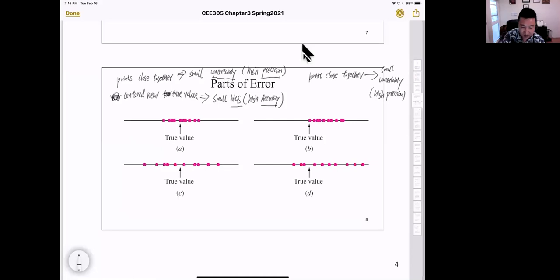Then let's compare the center of the measurements, or the average of the measurements, with the true value. The center is around here, which is far away from the true value. So we see the bias is large, a large bias. We can also see it has low accuracy. So the second case has high precision but low accuracy.